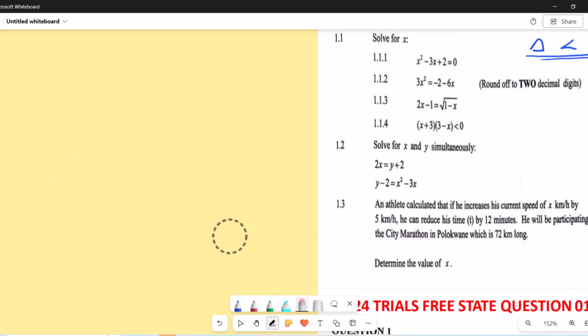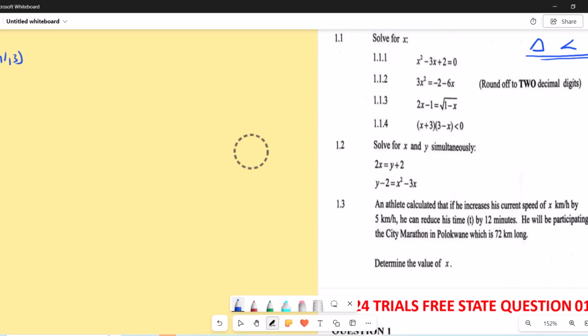All right. Solve this, that's 1.1.3. 2x minus 1 equals the square root of 1 minus x. So in this case, I'm going to square both sides to remove my square root sign.